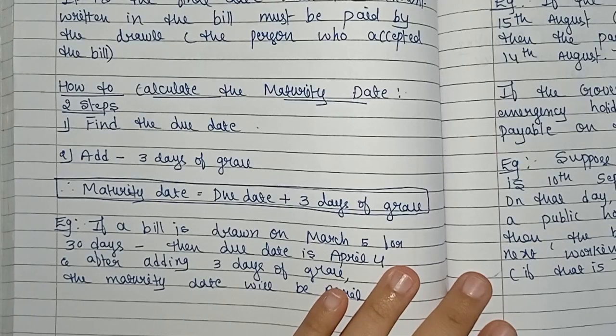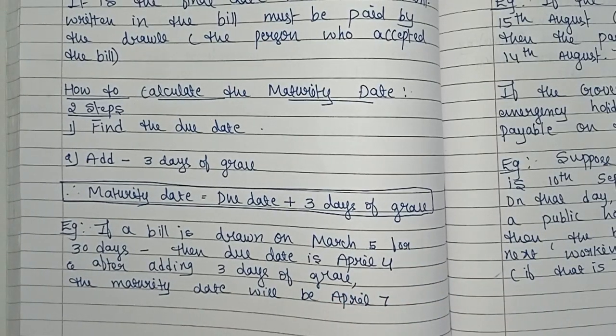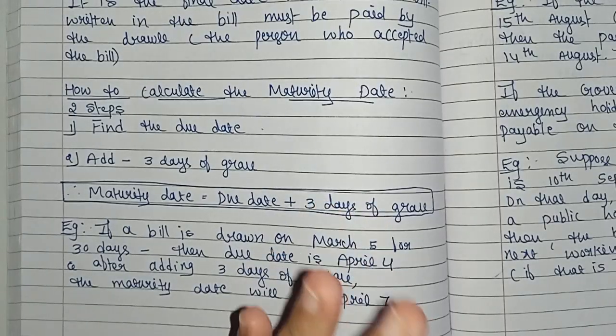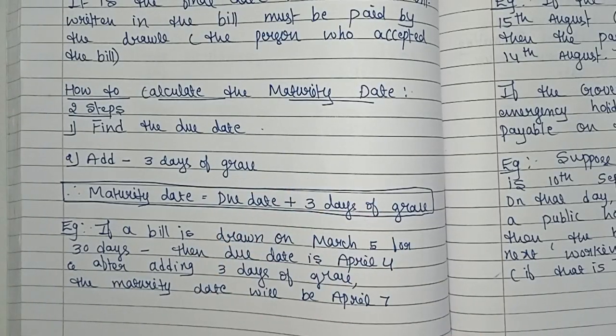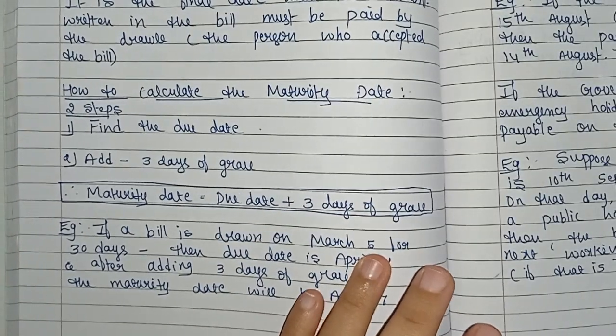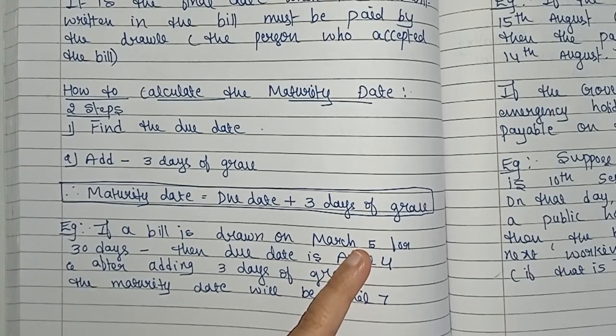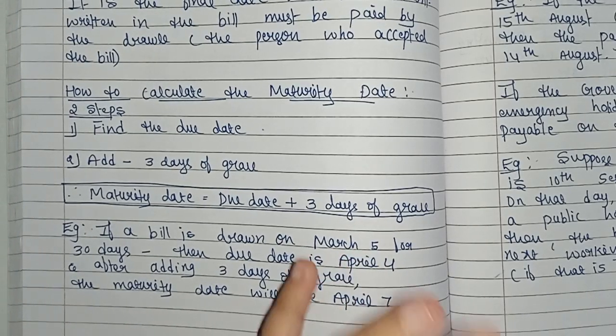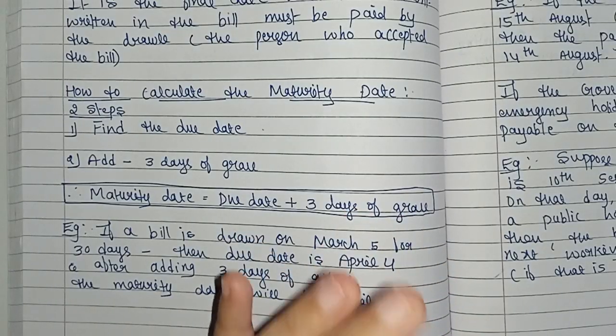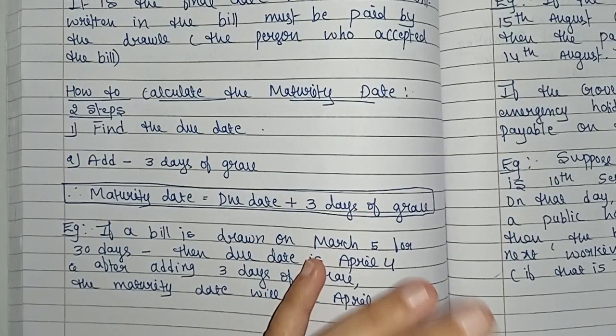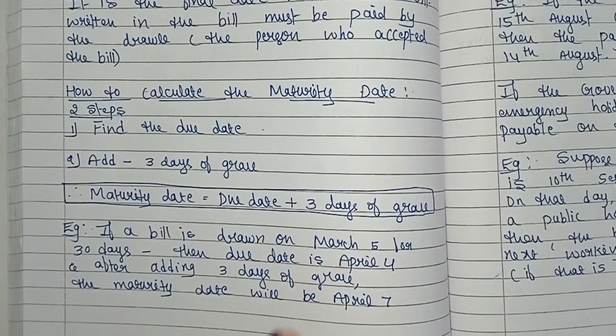When calculating the due date for a bill, the date on which the bill is drawn, here March 5th, is not included in counting the period. So listen very carefully.